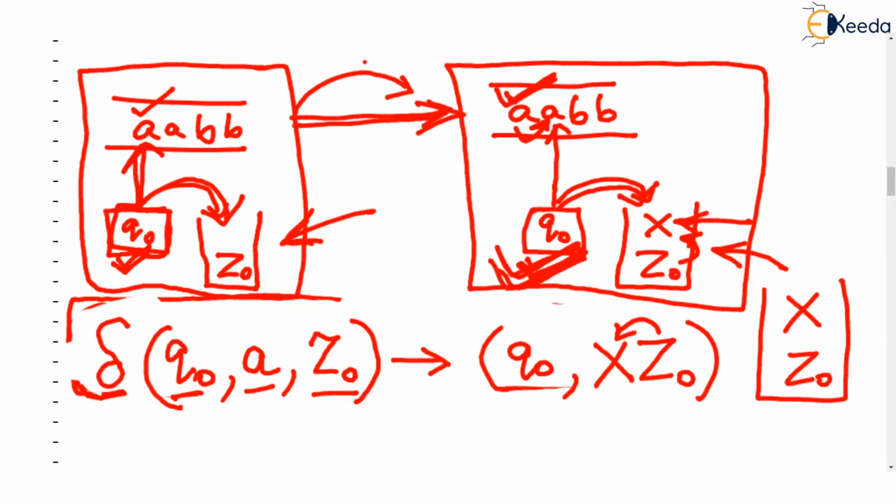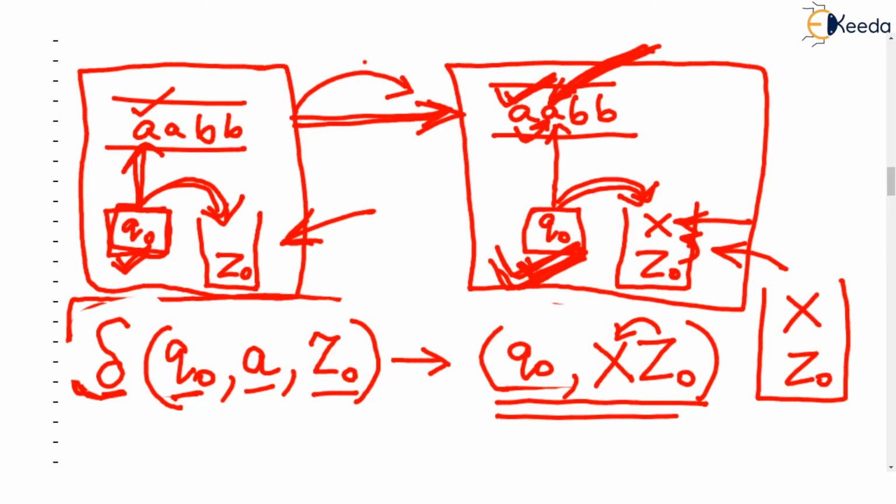So we get a new configuration where the machine is still in Q0 state, but the top of the stack is no more Z0, top of the stack is X. Also, the input tape now has the next symbol to be read as A, the second A, because the read head has automatically moved to the next symbol.